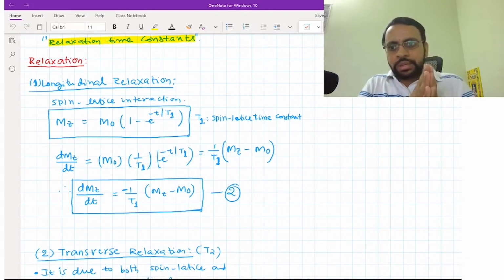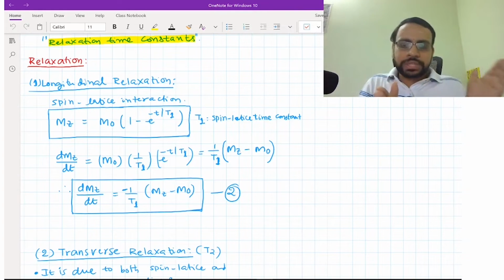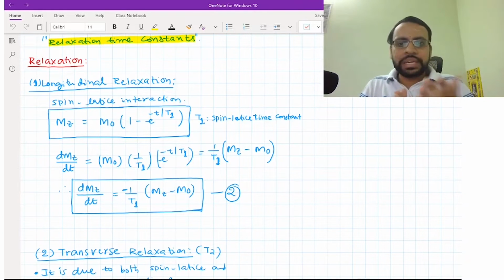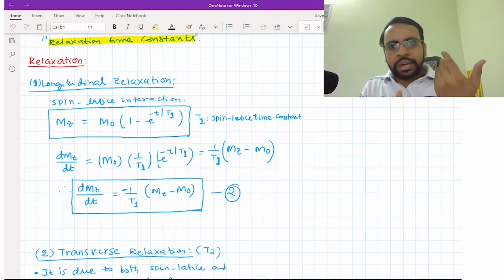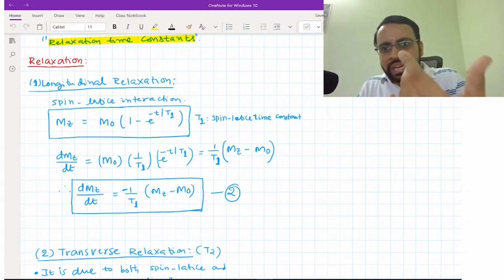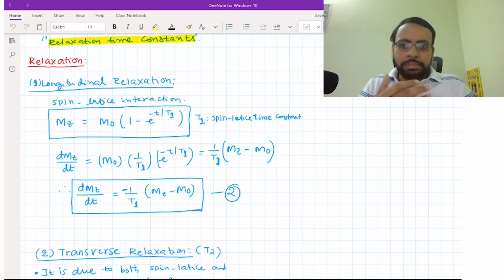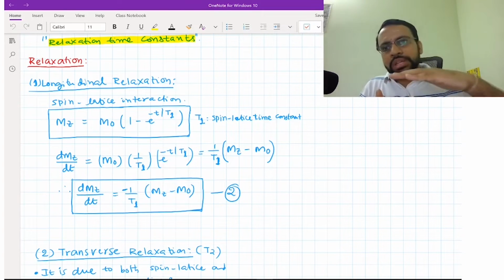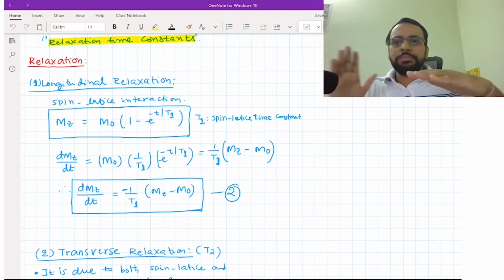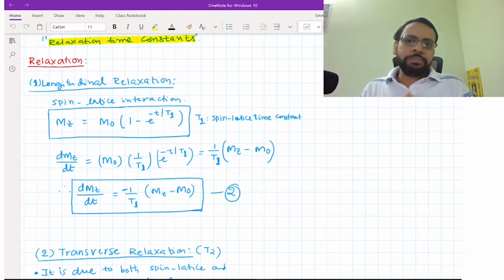The reason, as you could correlate with the quantum physics concepts we discussed in earlier classes, is that it tries to establish a thermal equilibrium by shedding off the high energy values and bringing it back to the normal state that was there before you applied any magnetic field in the xy plane.